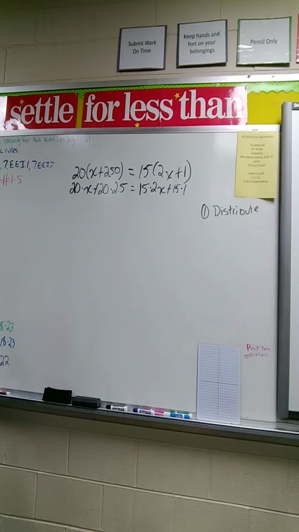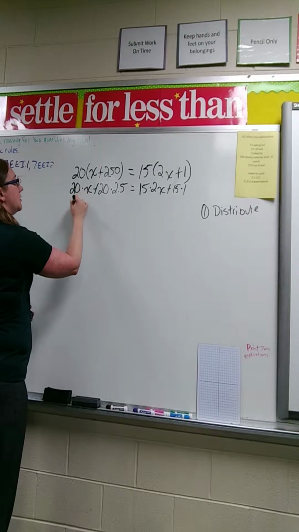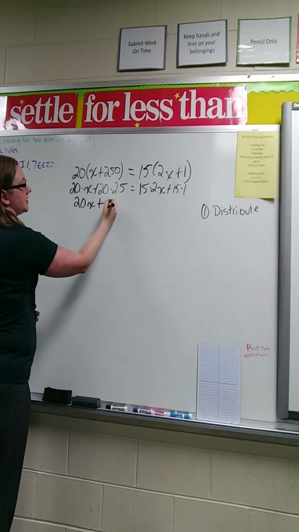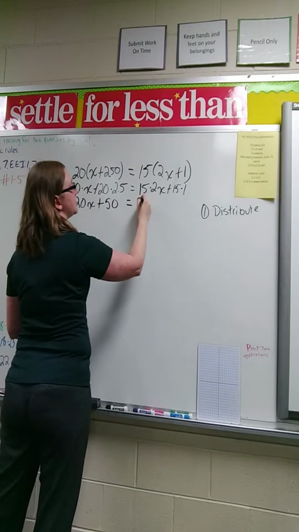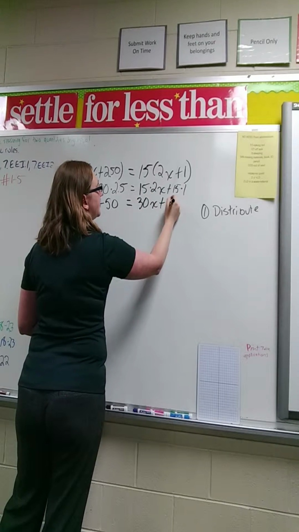And we simplify. So that's 20x plus 50 equals 30x plus 15.